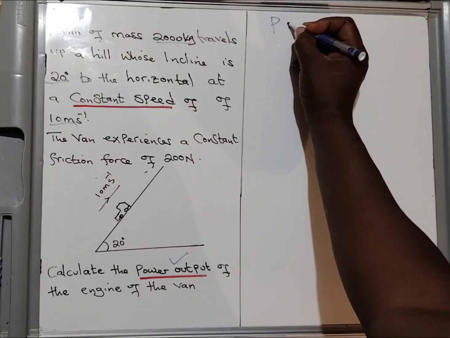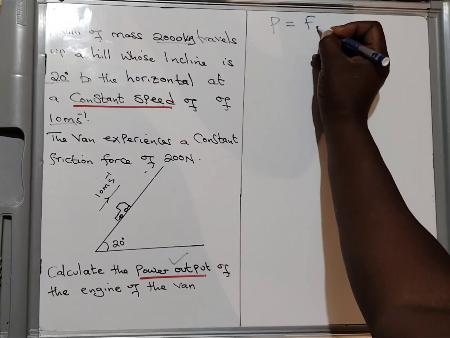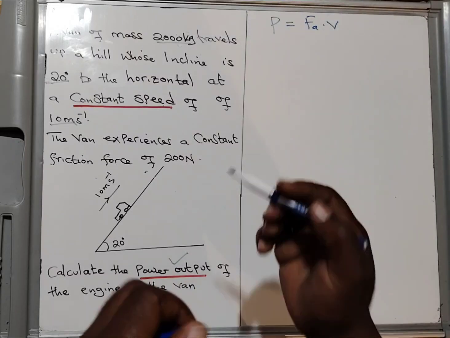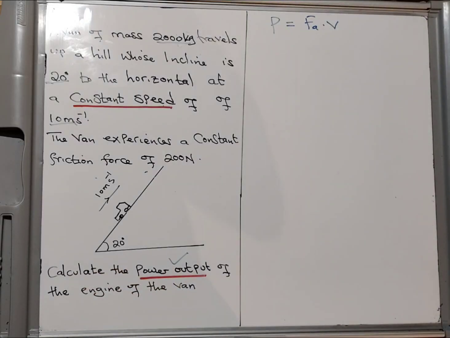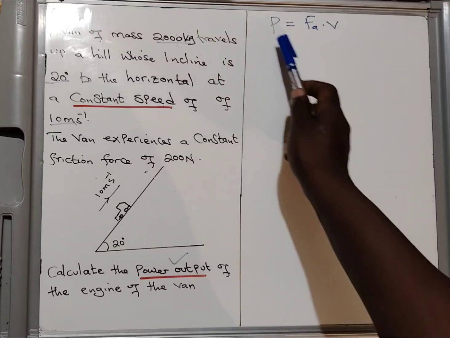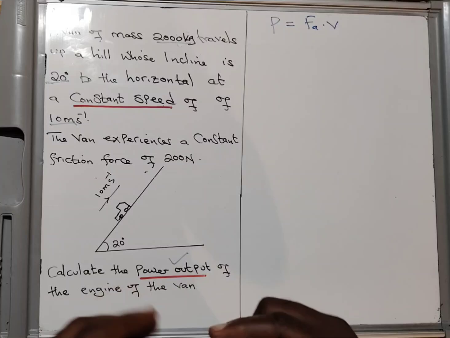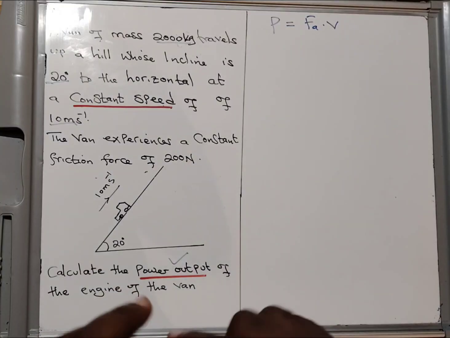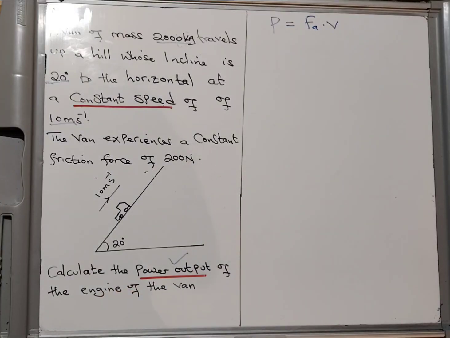We are going to be using the formula P is equal to FAV, where P is power expended, FA is force applied, not any other force, is force applied, and V is the velocity. Now you should ask yourself, under what circumstance do we use this formula? We use it when we are experiencing constant velocity or constant speed. So under that circumstance, what do we do?